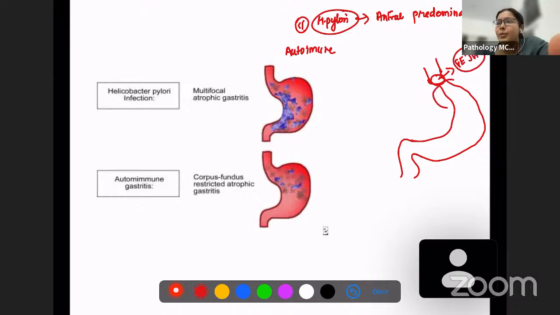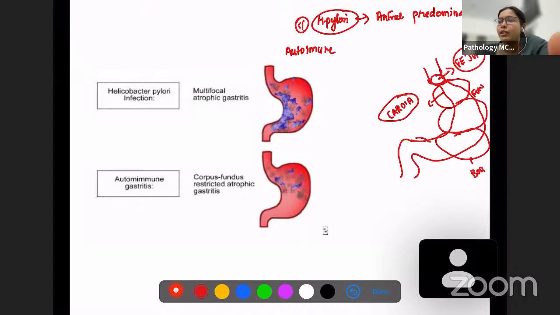The part below the gastroesophageal junction is known as the cardia of the stomach. Below the cardia we have the fundus, then the body, and after that the antrum.